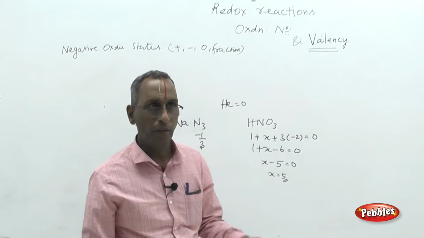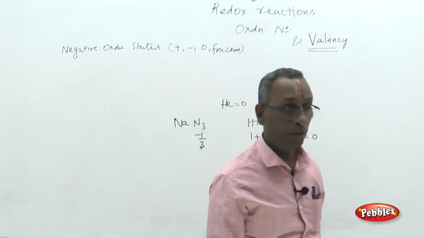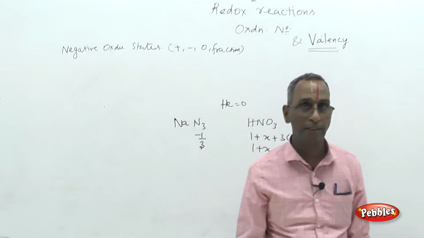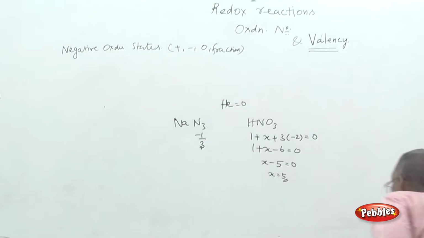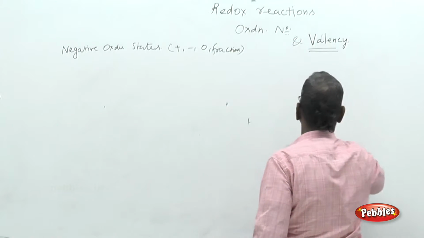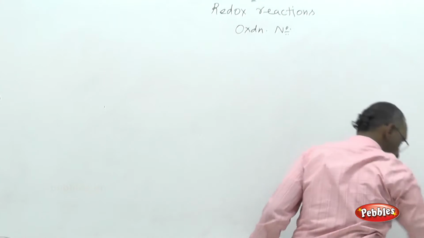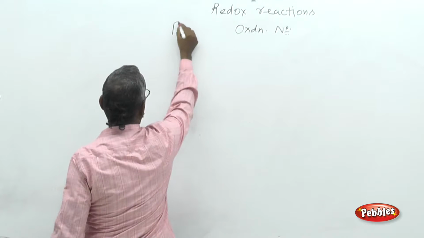Now lastly, we will see the important rules to be followed in assessing the oxidation numbers of various elements in different compounds. Now, rules for assignment of oxidation number. So we have seen the distinguishing aspect between oxidation number and valency.